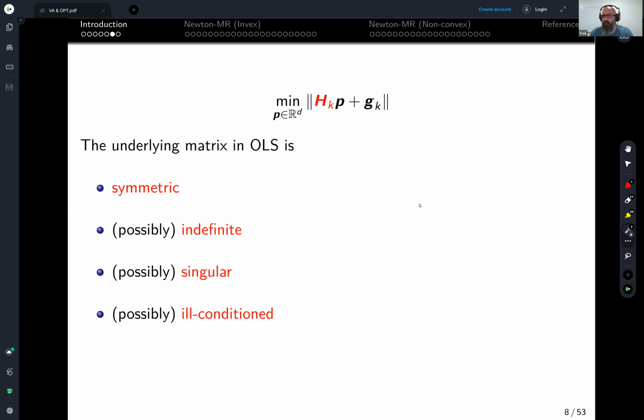Well, when you're talking about a symmetric matrix in linear algebra, most often the algorithms that come out are some kind of MINRES type algorithms. In this case it's no exception: MINRES type solvers are used to solve these least squares problems.